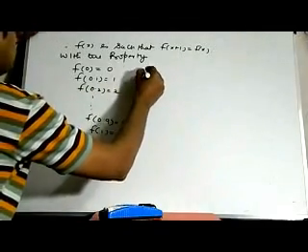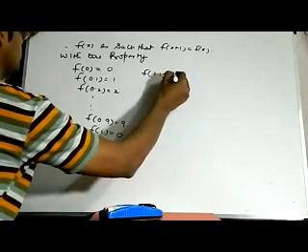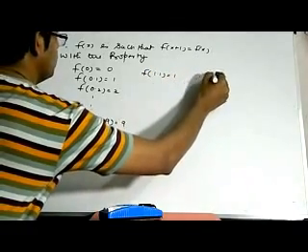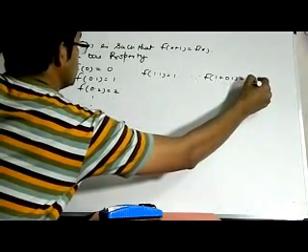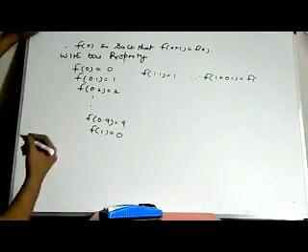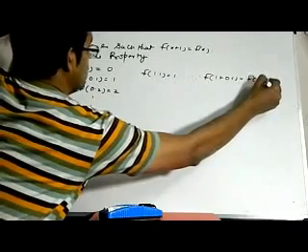So therefore, what will be f at 1.1? It is again 1, because f of 1 plus 0.1 is same as f at 0.1, which is 1.